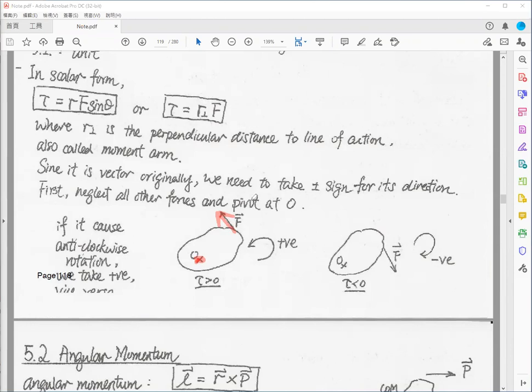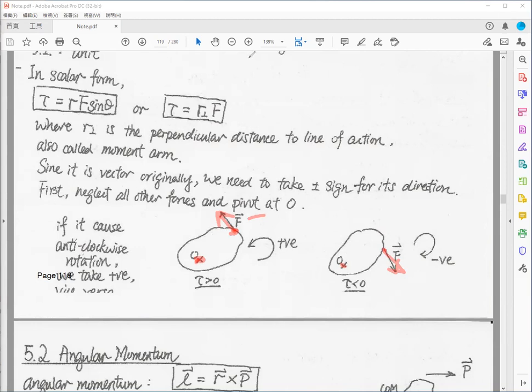Then when you apply the force like this, you know that the object will rotate anti-clockwise. So that's why we say this moment is anti-clockwise. If you apply the force like this and let this be the reference point, then this force will cause the object to rotate clockwise.